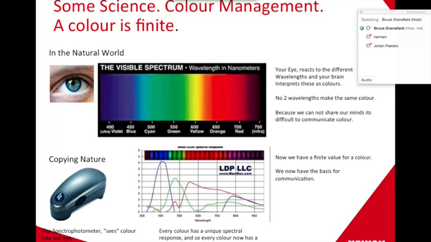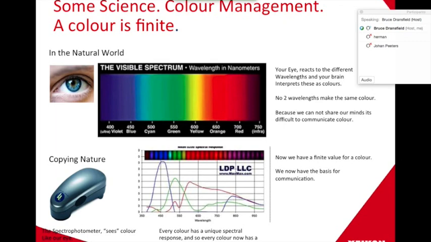Might sound a silly thing for those of you with some knowledge, but often in the print shop, this is completely new. And a spectrophotometer, just like our eye, is able to detect individual colour. So not how it's made, but the actual colour that we would see.